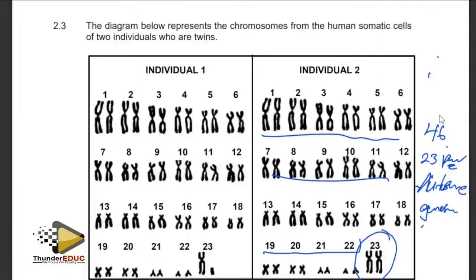The 23rd pair is made up of X and Y. If X and X are together, the individual is a female. All those are marks. If X and Y come together, the individual is a male. You see, you are describing the karyotype. You have already earned the 6 marks.